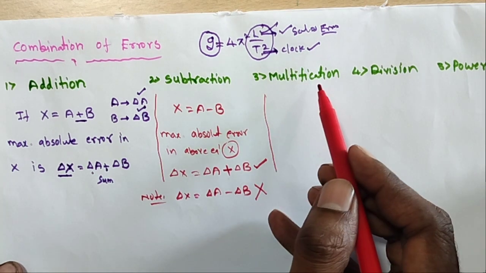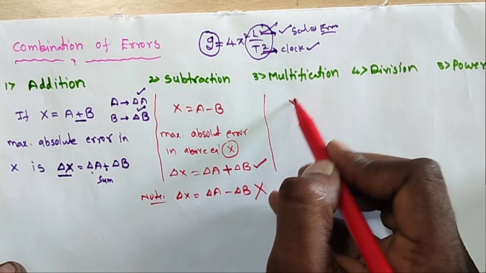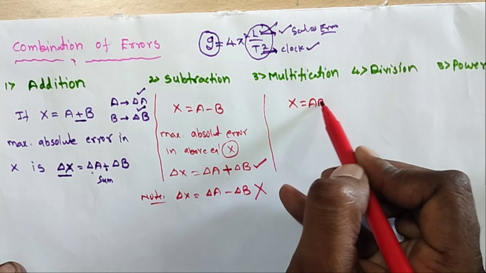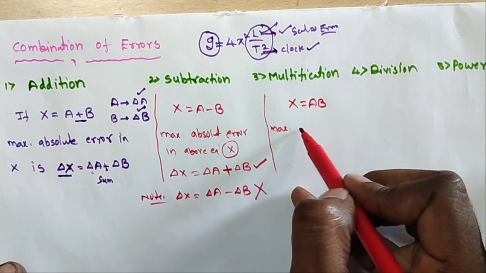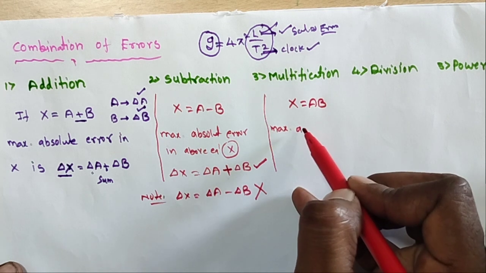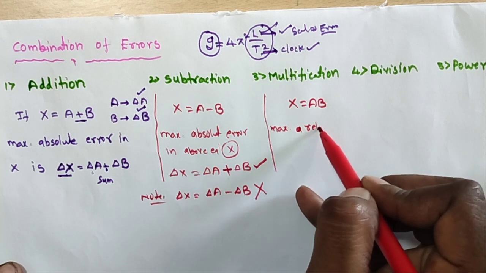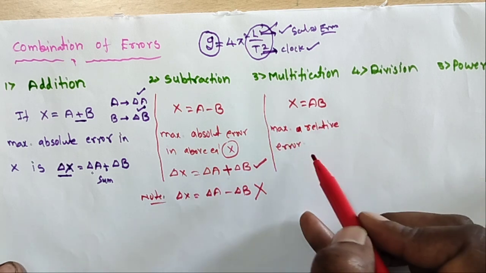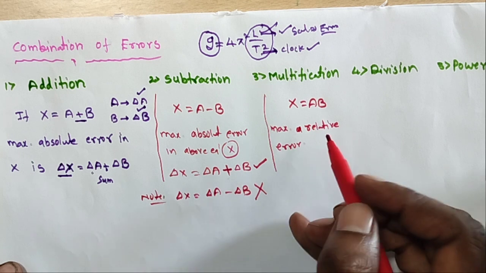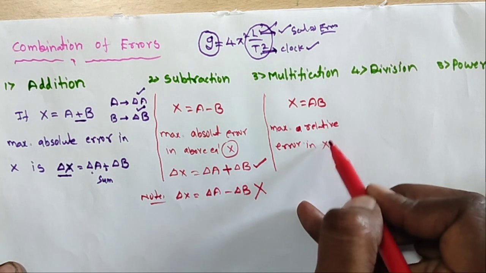And the third combination, multiplication. If X is equal to AB is given, what is the maximum relative error in X?